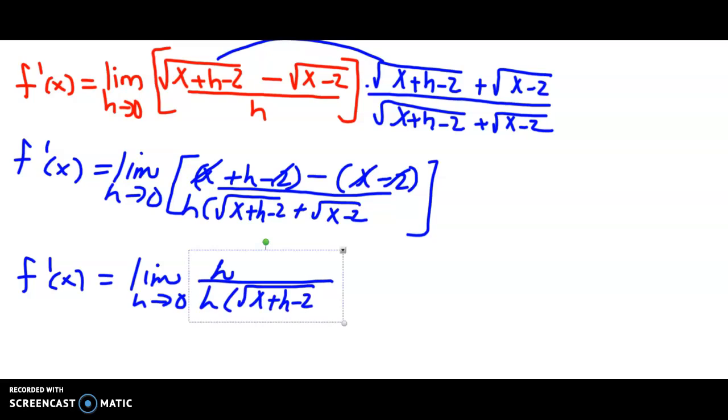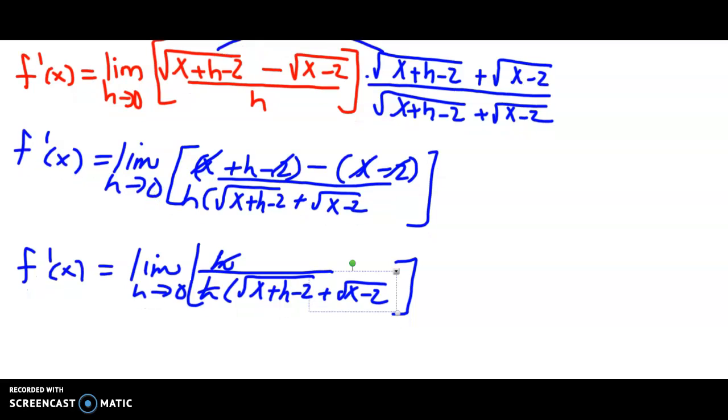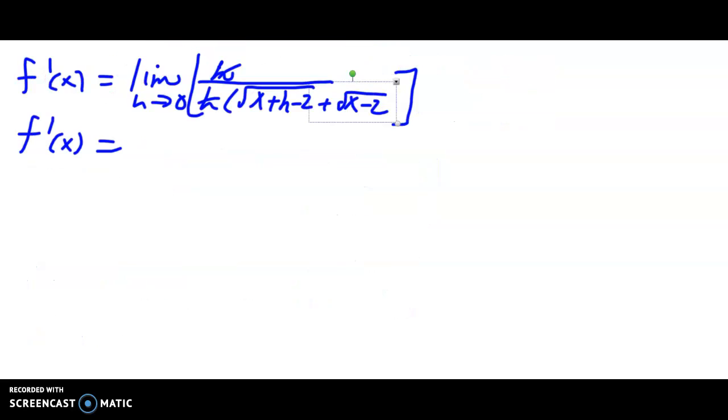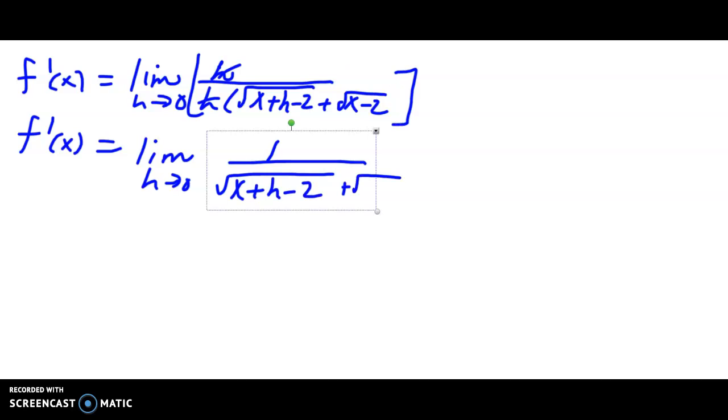They're both monomials. When the h's cancel, we are left with f prime of x equals the limit as h goes to 0 of 1 over the radical x plus h minus 2 plus the radical x minus 2.